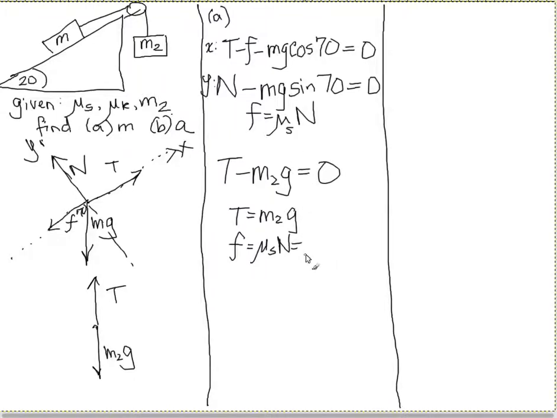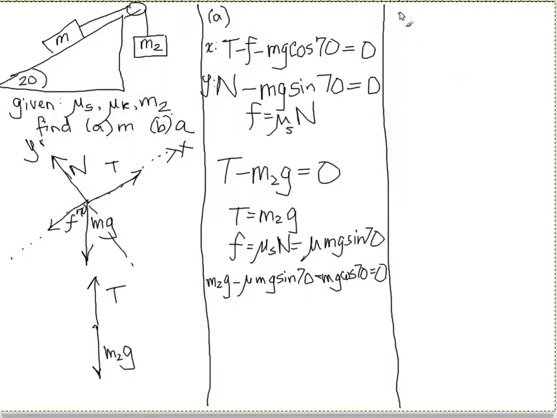So that's going to be mu mg sine 70. And I put that all together, and I get m2g minus mu mg sine 70 minus mg cosine 70 equals 0. And from here, I should be able to find m.